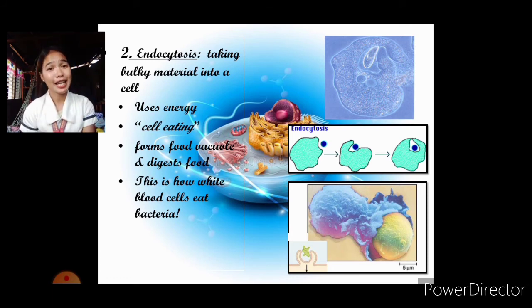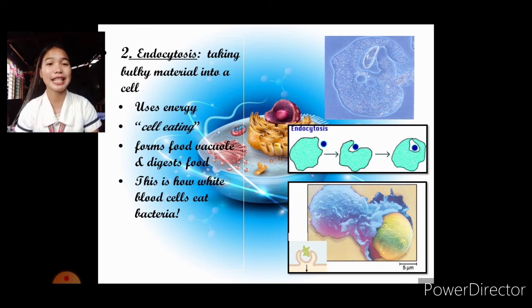Because in endocytosis, the cell takes in substances from the outside by engulfing them in a vesicle. This is how white blood cells eat bacteria. Amazing, right? You can refer to the pictures I have provided. As you can see, we have a substance and it is taken inside. So that's how it works.